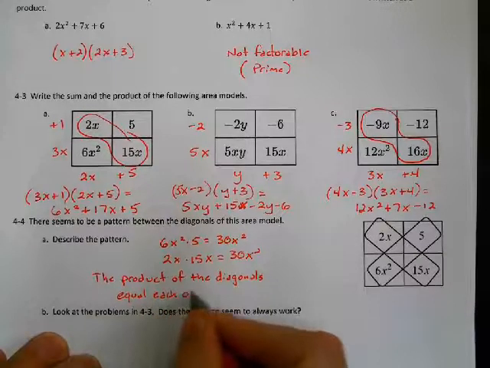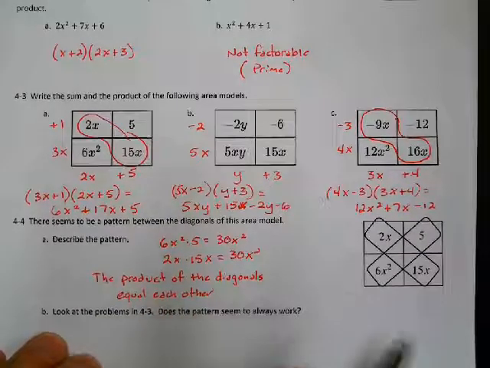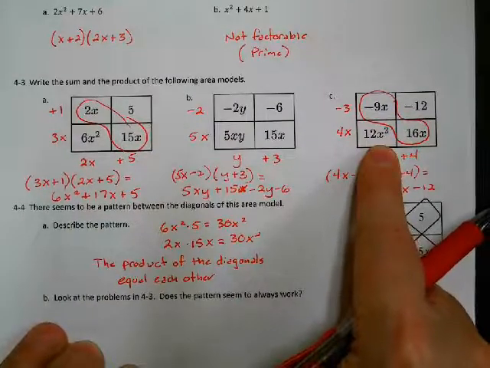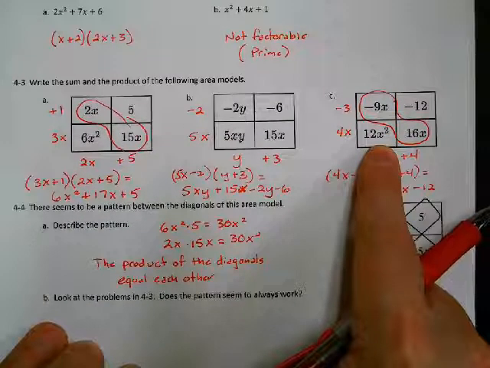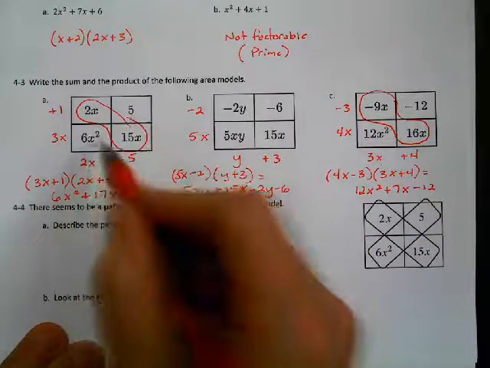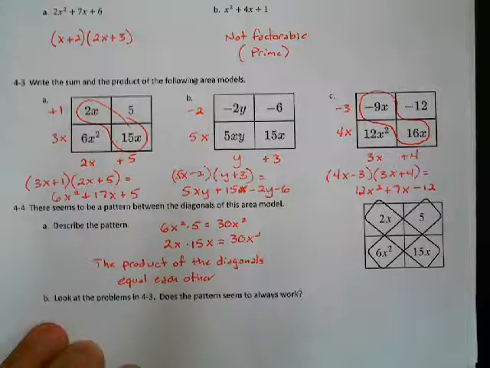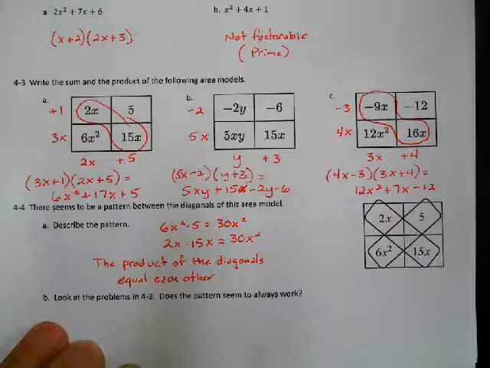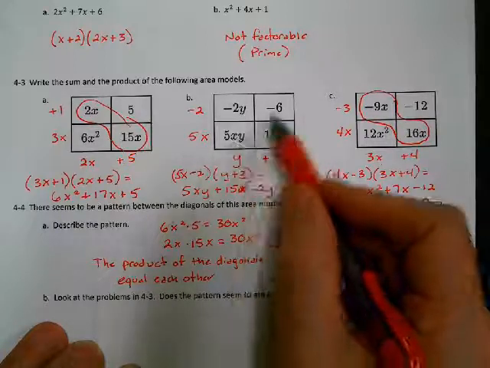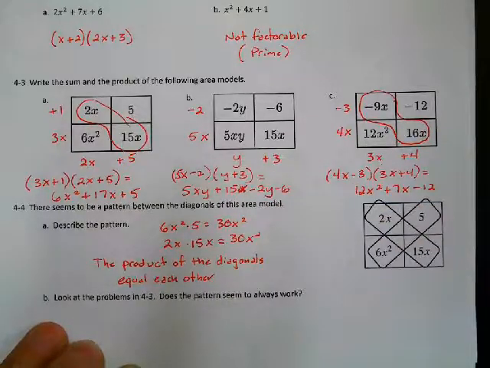All right. Now look at all these problems. Does that pattern hold up? Let's see. 6x squared times 5, that's 30x squared. 2x times 15x, we just did this problem. Yeah, that works. Let's look at the other ones. Negative 6 times 5xy, that's negative 30xy.